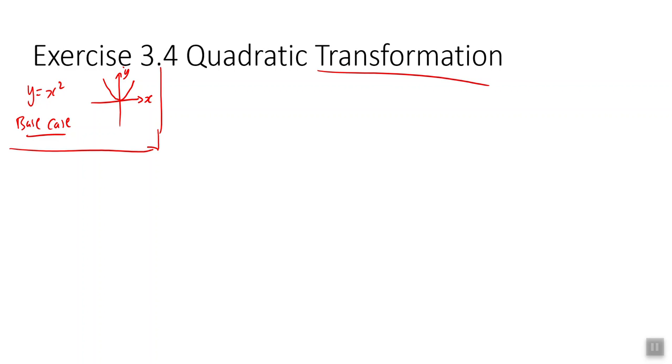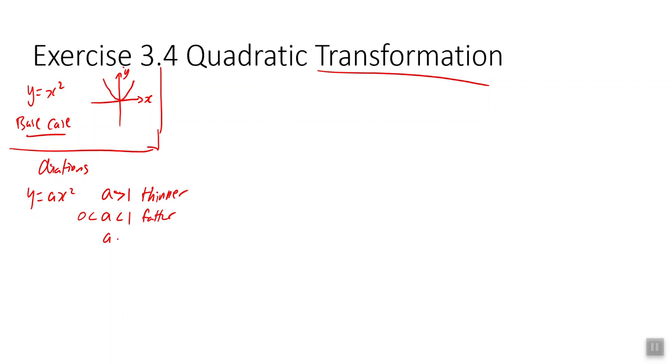It's known as transformations. We can do something called dilations. If I have y equals ax squared, if a is greater than 1, then it becomes thinner. If a is between 0 and 1, so it's a fraction, it becomes fatter.